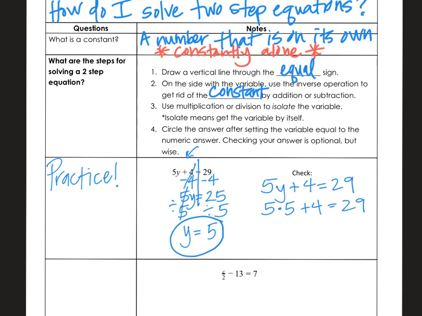So I'm going to multiply first. 5 times 5 gives me 25. And then 25 plus 4 gives me 29. And as you can see, it says 29 equals 29. So this works. An example of it not working would be like if it said 27 equals 29, which you know isn't true. So in this case, my answer is correct.